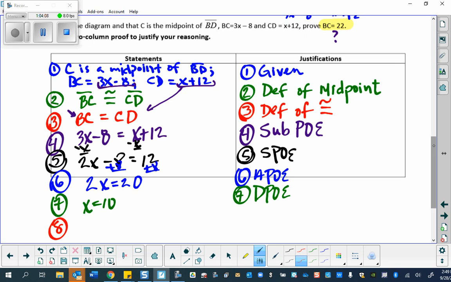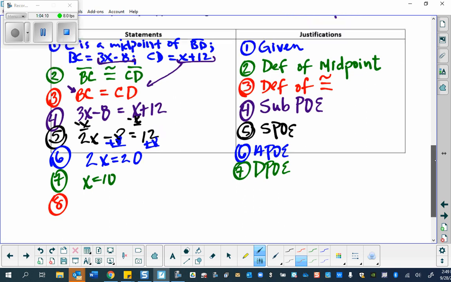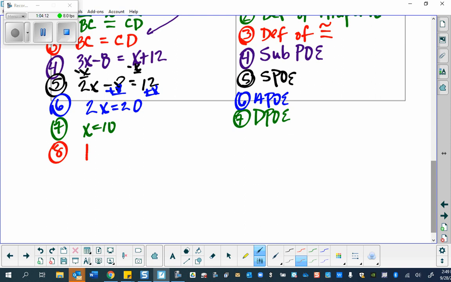So I know that the distance from B to C is 3x minus 8, right? What if I said the distance from B to C is equal to 3 times, and instead of writing x, I wrote 10. What allows me to make that step? Okay, x is the same as 10, so what did I do?